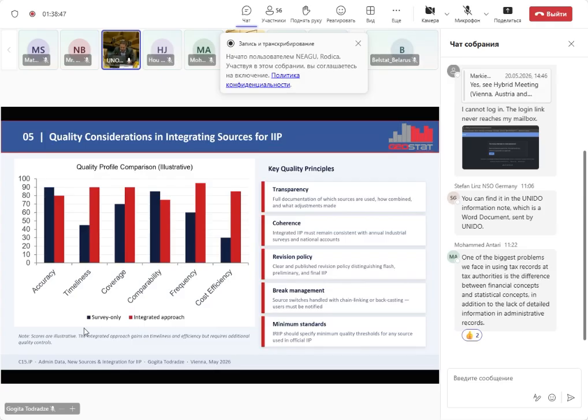The IIP revision should provide a framework for making these trade-offs explicitly and consistently, built around five principles: transparency, coherence with annual statistics, a published revision policy distinguishing flash from final estimates, formal break management procedures, and minimum quality standards for any source used in official IIP.